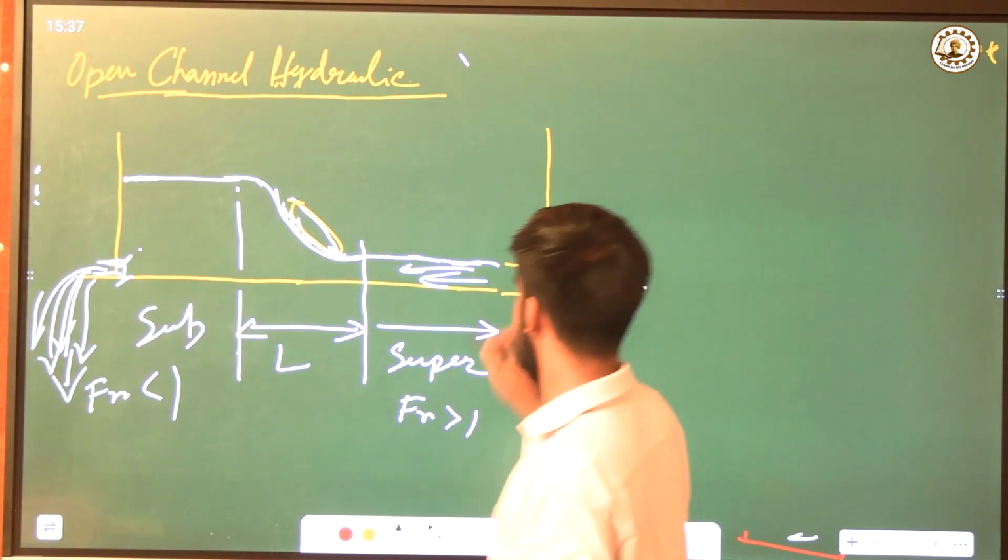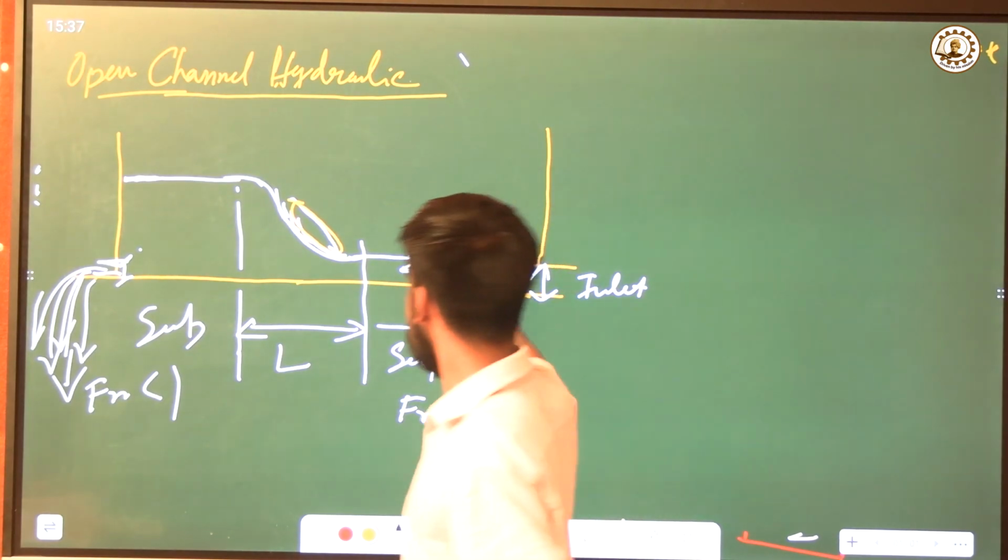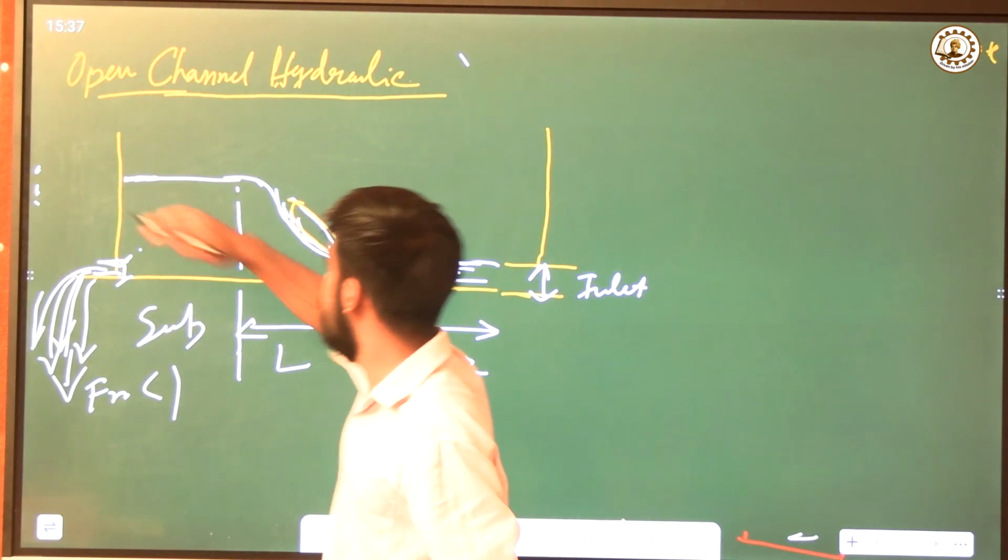Now this is the supercritical flow and this is the subcritical flow.